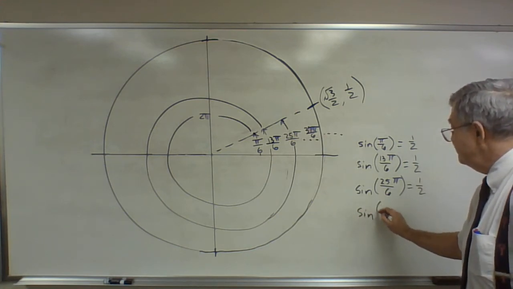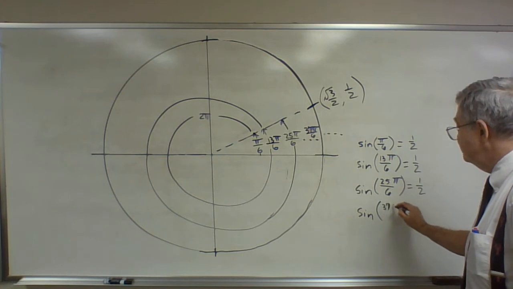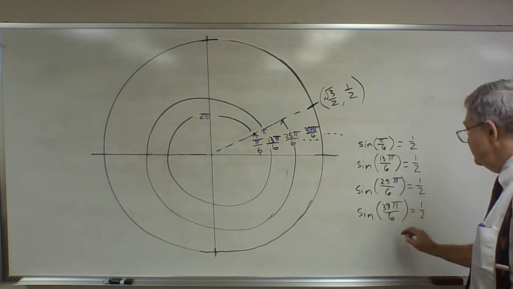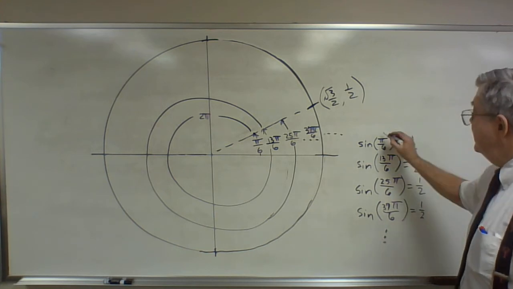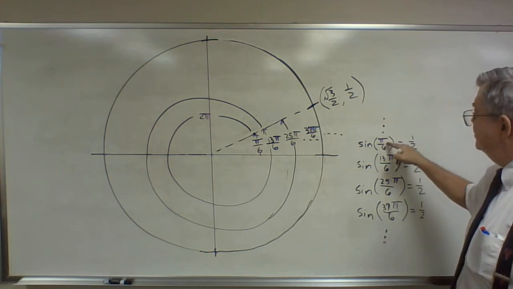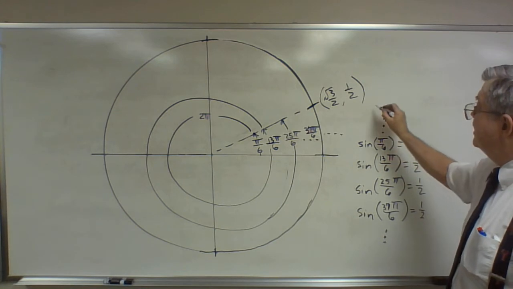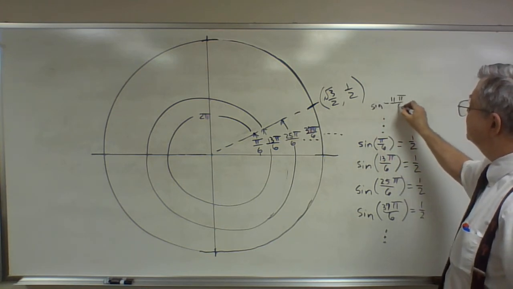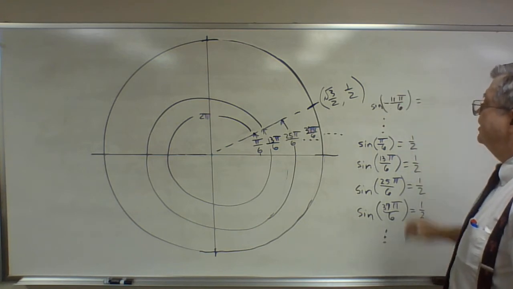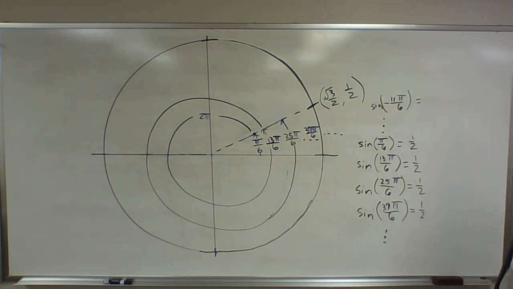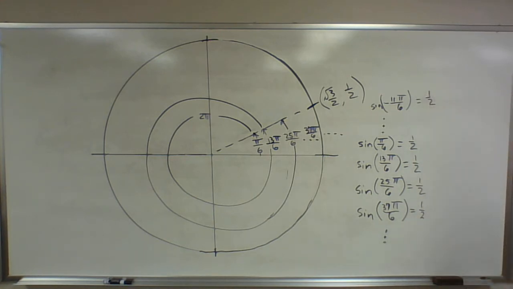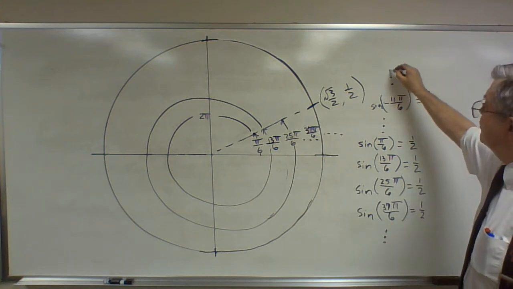The sine of 37 pi over 6 equals 1/2, and we can keep on going. And we can go in this direction too, subtract 2 pi, and we get sine of negative 11 pi over 6 is equal to 1/2, and so on and so forth.